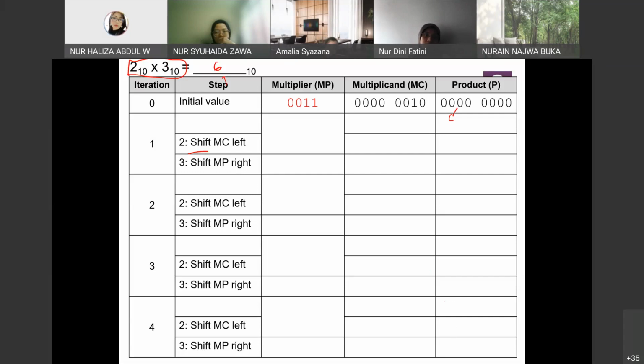Let's say this is 6 in our binary. But inside this, if your steps are wrong, of course you will get it wrong.